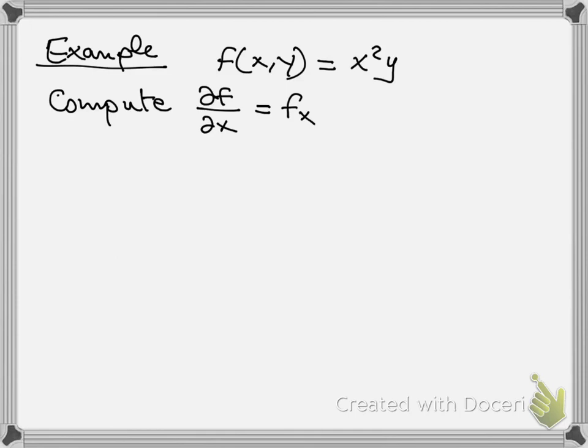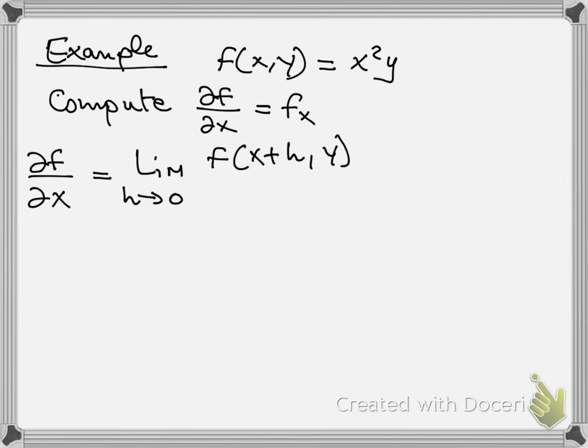Partial f, partial x, we said, is the limit as h goes to 0 of f of, so this is a partial derivative with respect to x, so y is a constant, y is fixed, and x varies, so f of x plus h, y, minus f of x, y, over h.